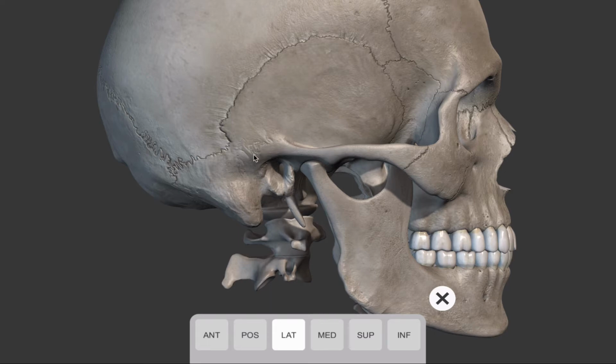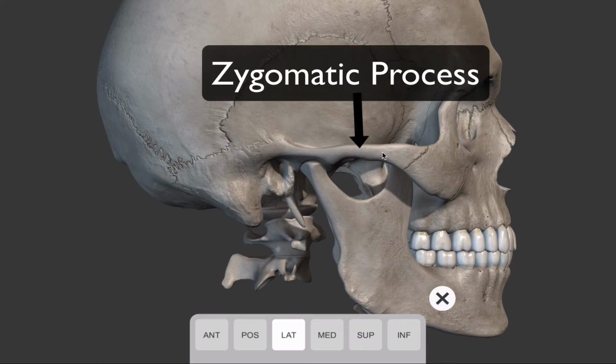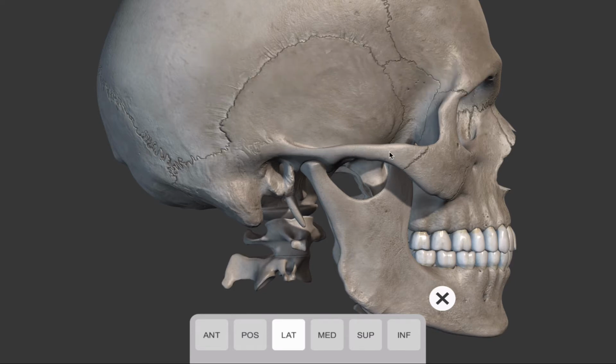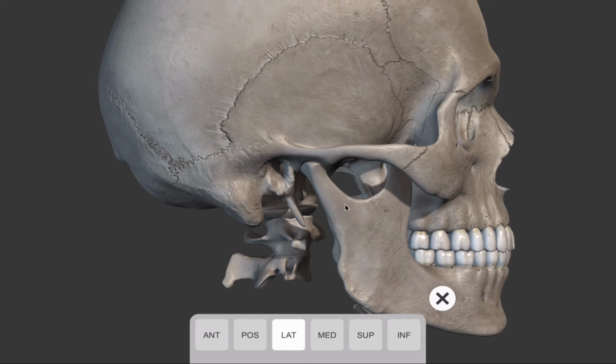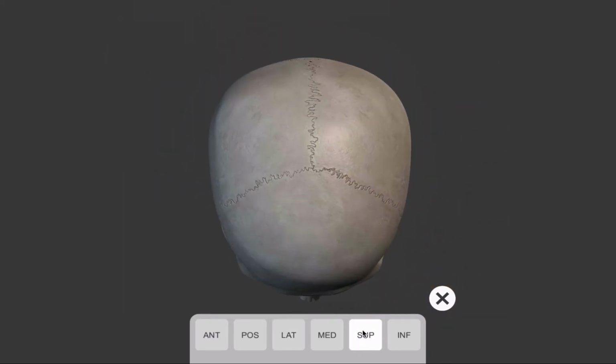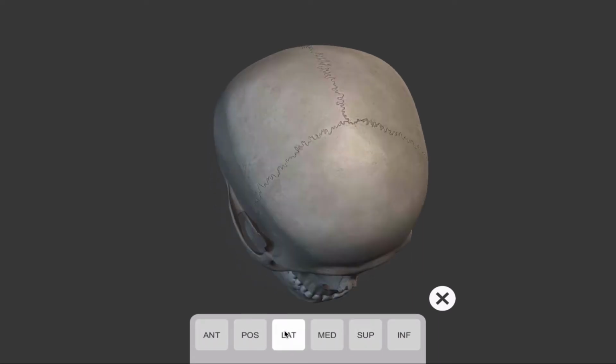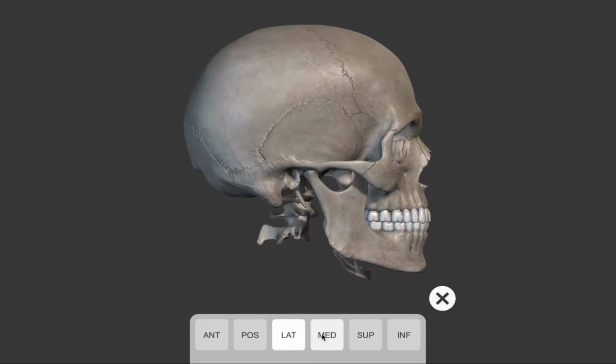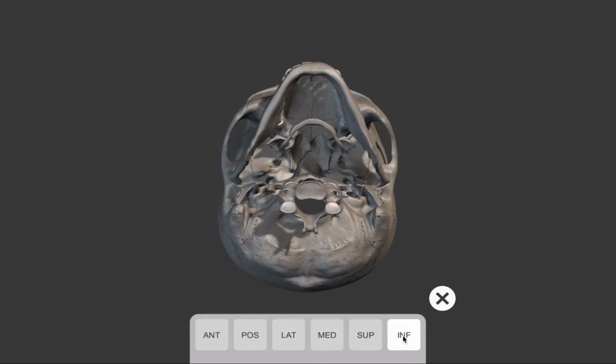And the fourth part of the temporal bone that I want to point out to you is this ridge right here. This is called the zygomatic process of the temporal bone. If I change the angle here a little bit, let's do the inferior view.